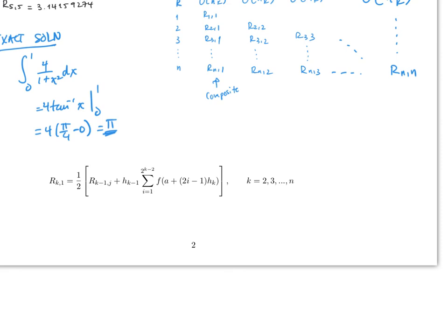And notice how this is keeping track of the different values of h. In fact, here h_k is equal to b minus a divided by 2 to the k minus 1, which means at every step you are dividing the interval in half.